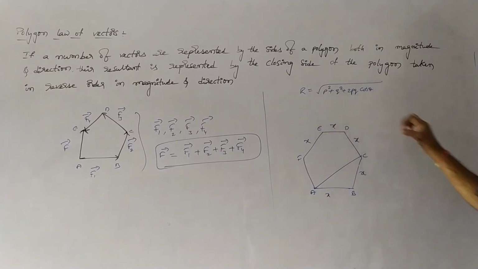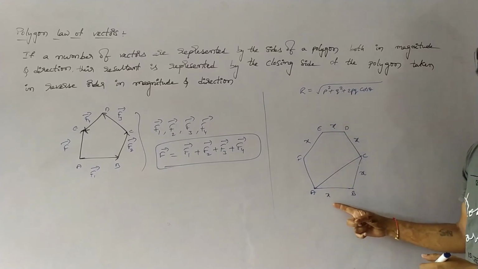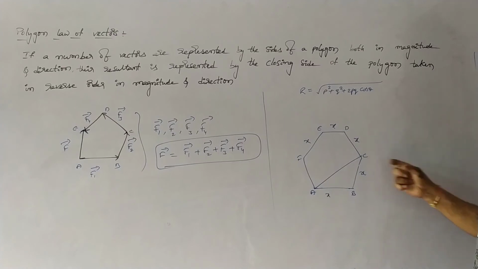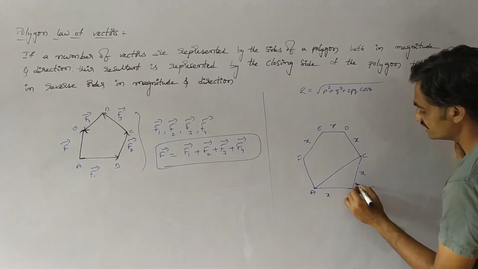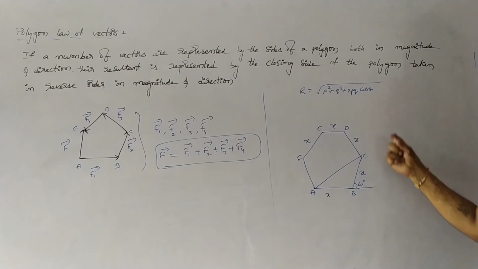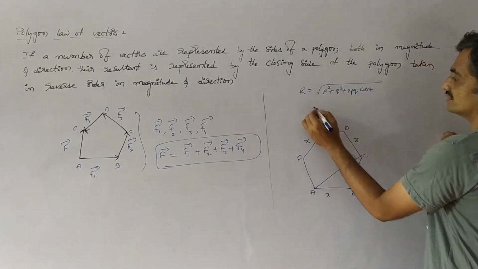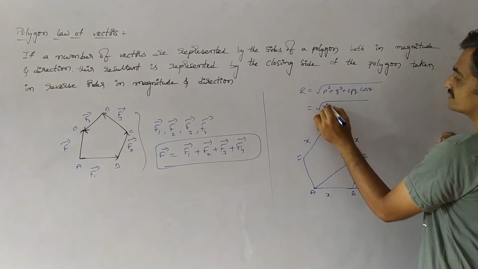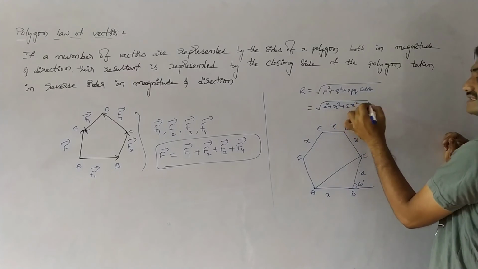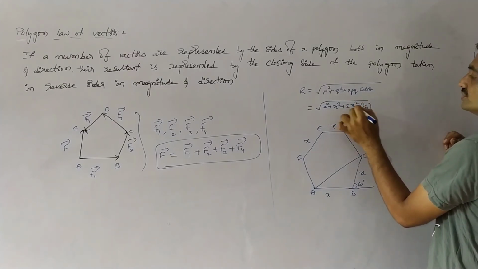Now observe this: p is x, and q is x, and the angle at this position is 60, and we know that cos 60 is 1 by 2. If we substitute the values, r equals under root of x square plus x square plus 2 into x into x into cos 60, which is 1 by 2, so 2 and 2 get cancelled.